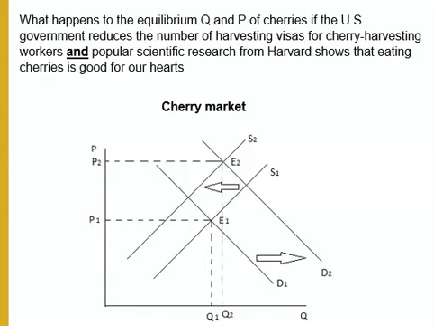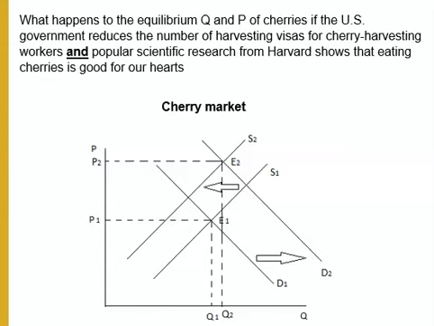Cherry farms have to hire local workers, but there might not be enough local workers, or they might ask for higher compensation than foreign workers, which would increase the cost for cherry farms. This means cherry supply could decrease, and it means the supply curve will shift to the left from S1 to S2.